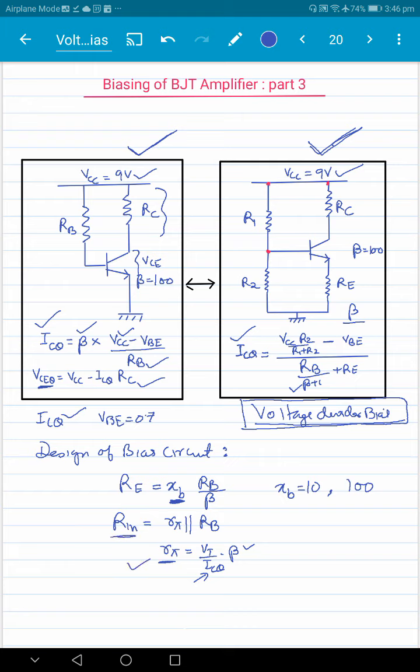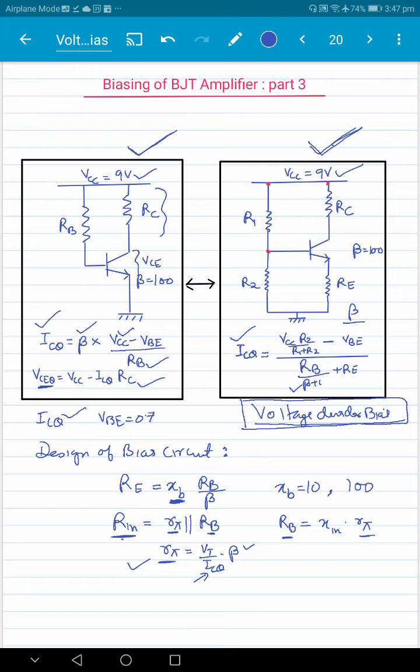If you want a large value of Rin, the highest value you will get is equal to R pi, but that will occur if you make RB much, much larger than R pi. So the other choice before us is how large a value of RB you want to choose compared to R pi, let's say Xn times R pi. That's the other choice we have to make.